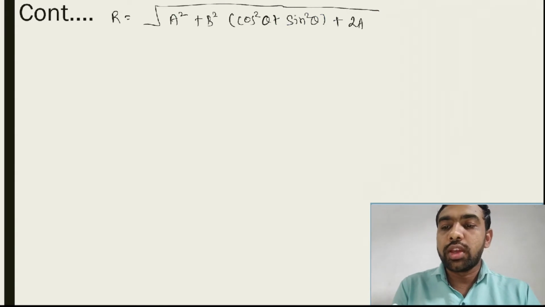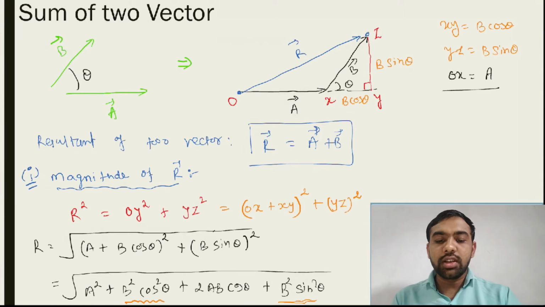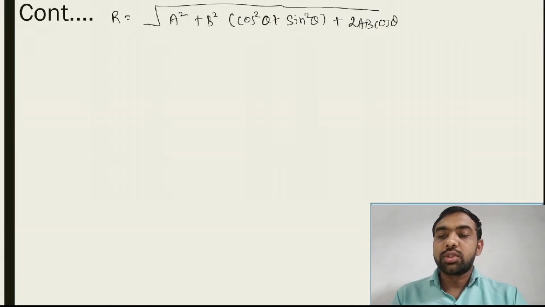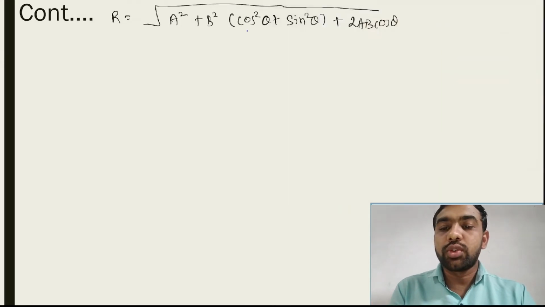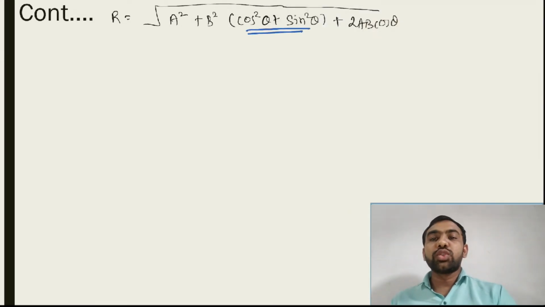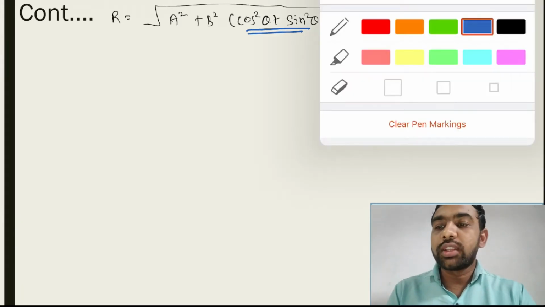Use the trigonometry rule: cos square theta plus sin square theta is 1, as we know. Put this value in and we get the final answer.